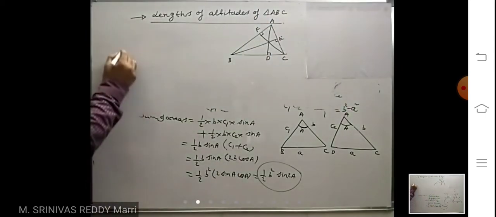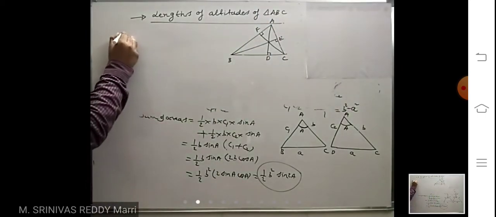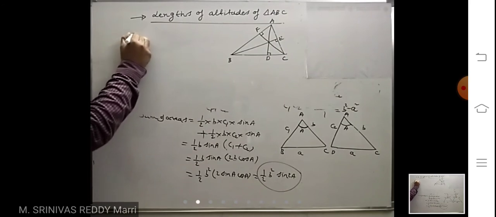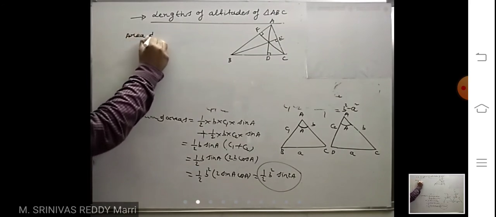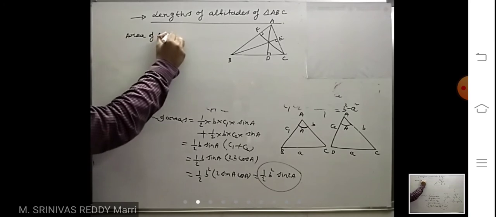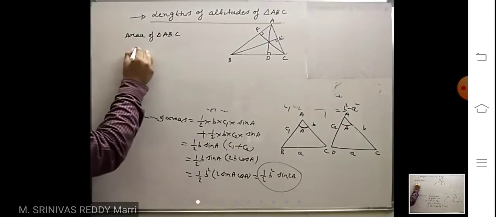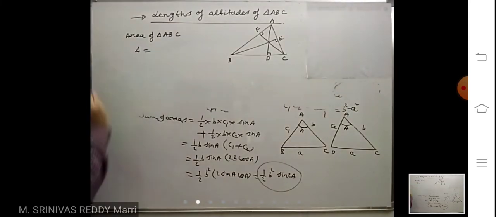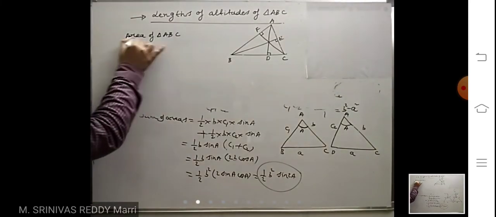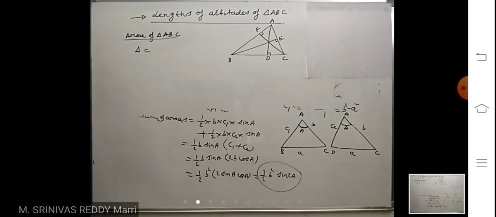Look at area of triangle ABC. I am writing area of triangle ABC as delta. Delta is nothing but half base into height.